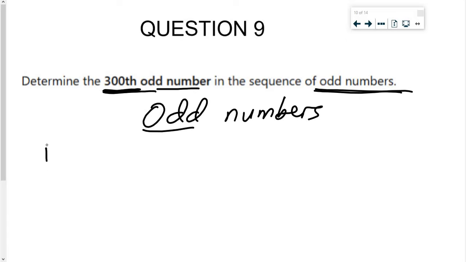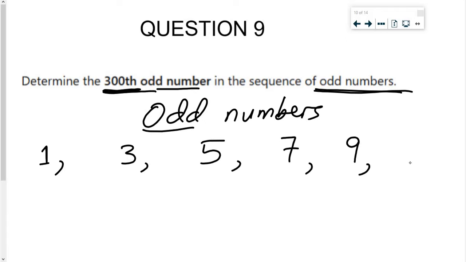Odd numbers are 1, 3, 5, 7, 9, 11, and so on and so forth. So what do you have?